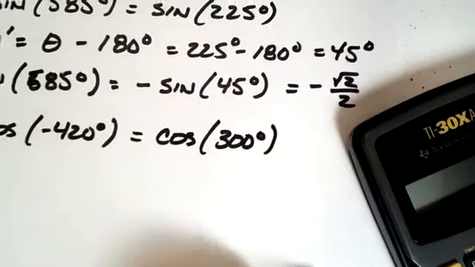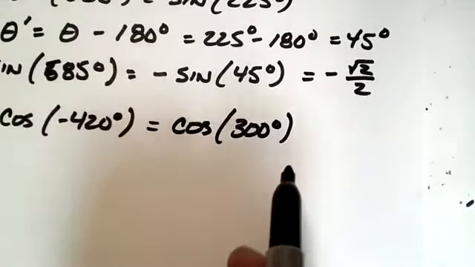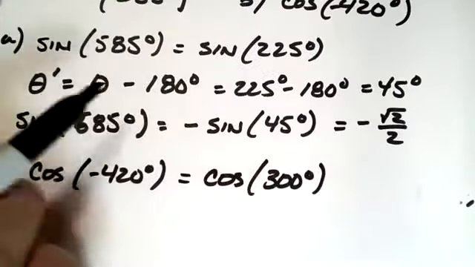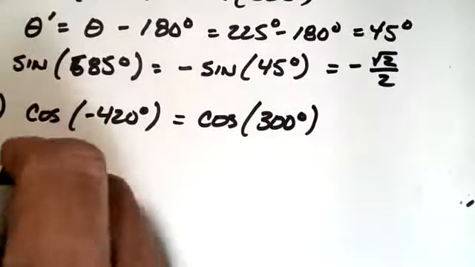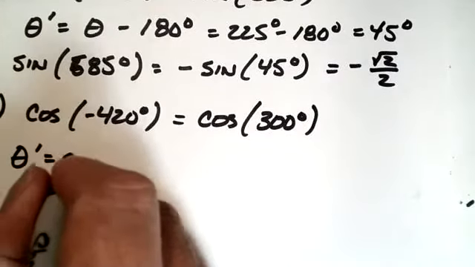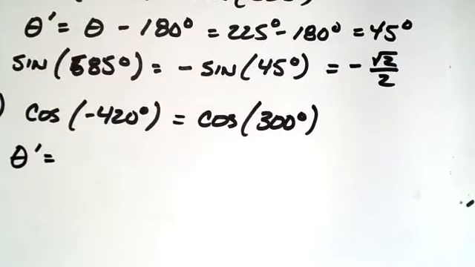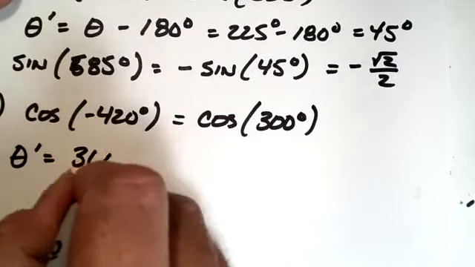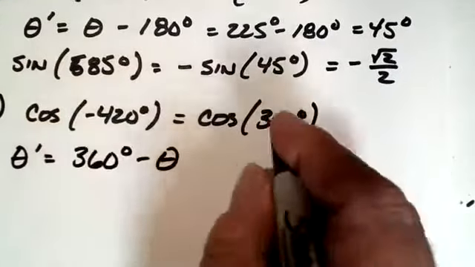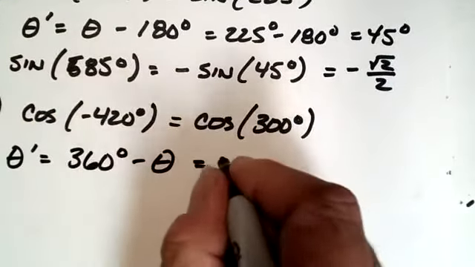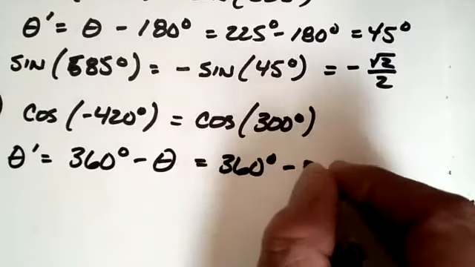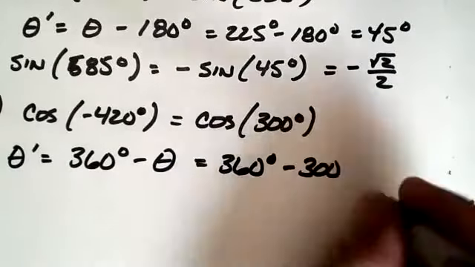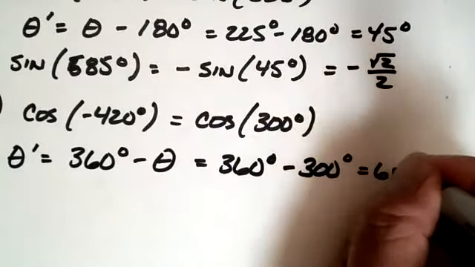Now, 300 degrees is an angle in quadrant 4. And similarly, we need to come up with the right formula. So theta prime is equal to, now remember, for quadrant 4 angles, we subtract the angle from 360 degrees. So it's 360 degrees minus theta, which in this specific case is 360 degrees minus 300 degrees, which is simply 60 degrees.